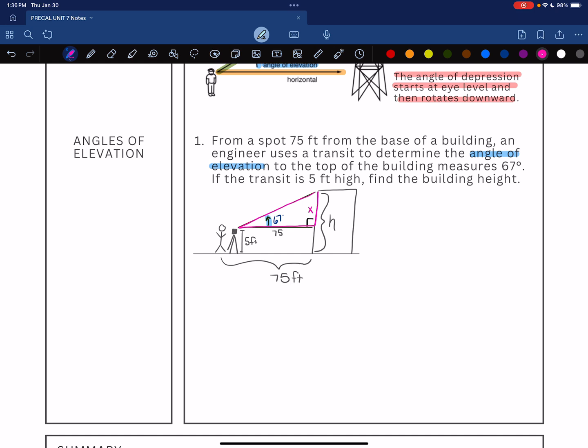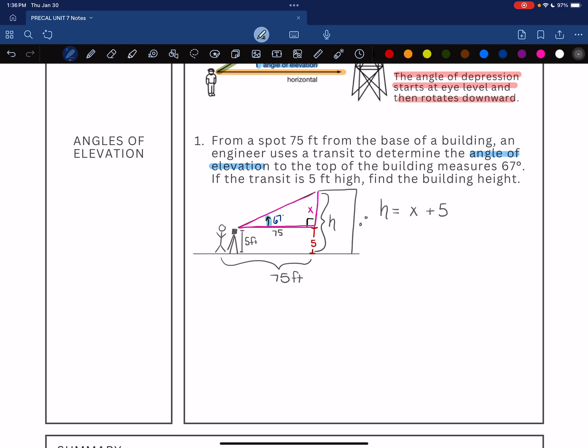The other portion is this right here, from here to here, is 5, matching the 5 that was the height of our little transit. So whatever I'm going to do in this problem to actually find height, I'm going to have to take the value and find x and add 5 to it at the end.